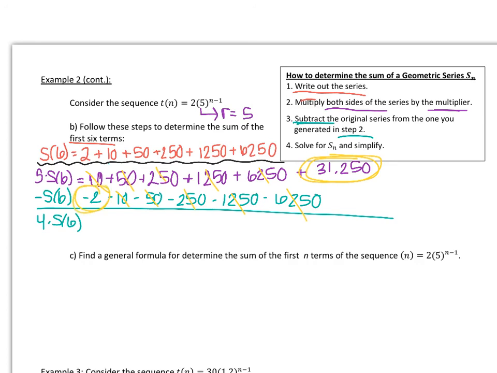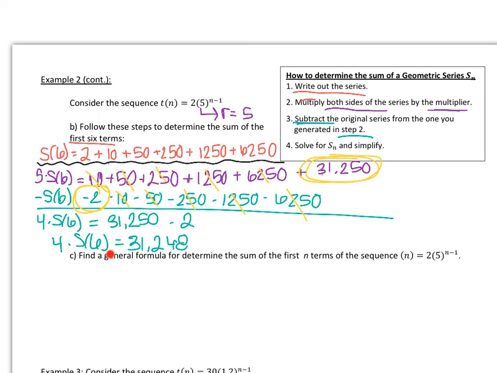So when I take the 5 S of 6 and subtract 1 S of 6, my result is simply this: 31,250 minus 2. So really what we have is 4 times S of 6 equals 31,248. And then I want you to stop and just take a look at what we're seeing.